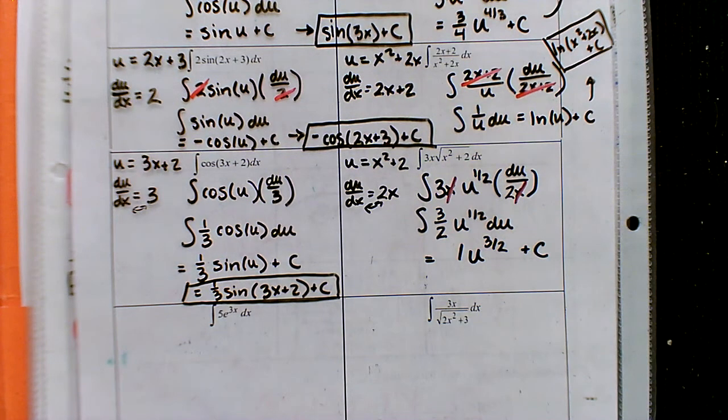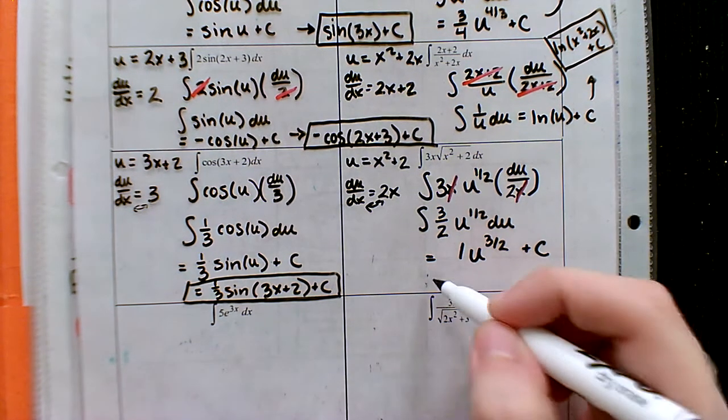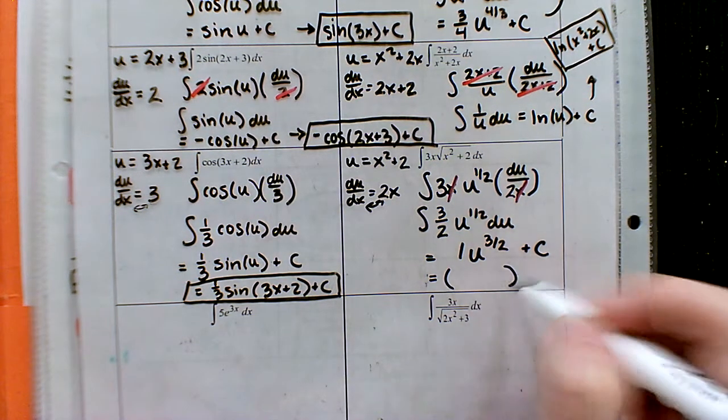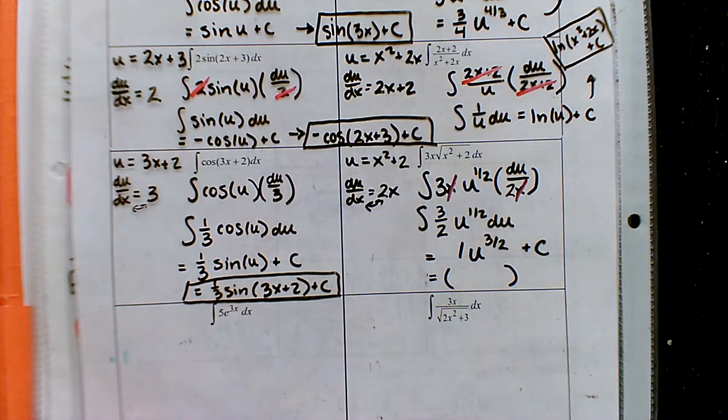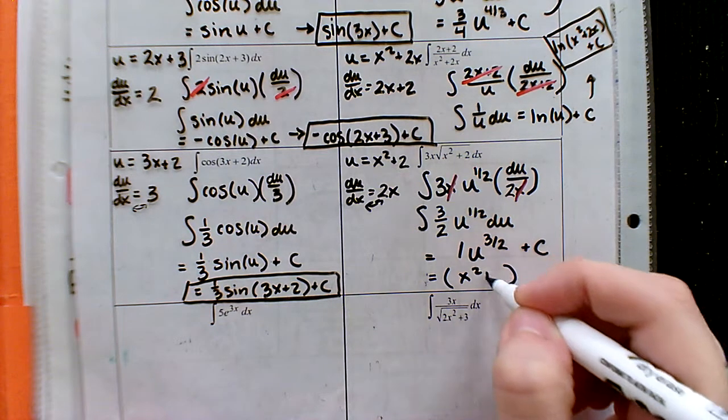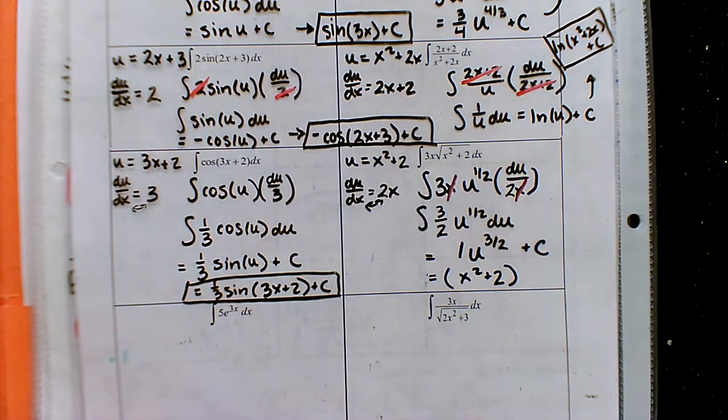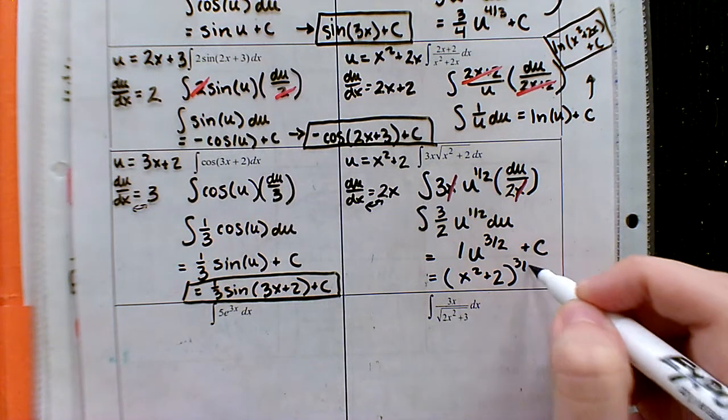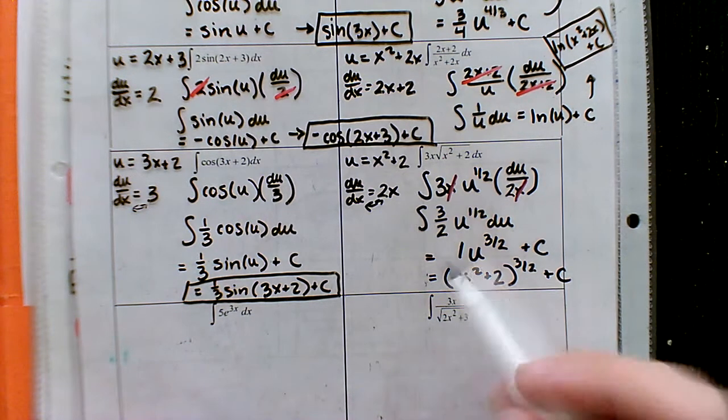Don't forget the plus c. So in the end, if we were to replace the u with what we originally labeled it as, we'd have x squared plus 2 all to the 3/2 power, and then a plus c.